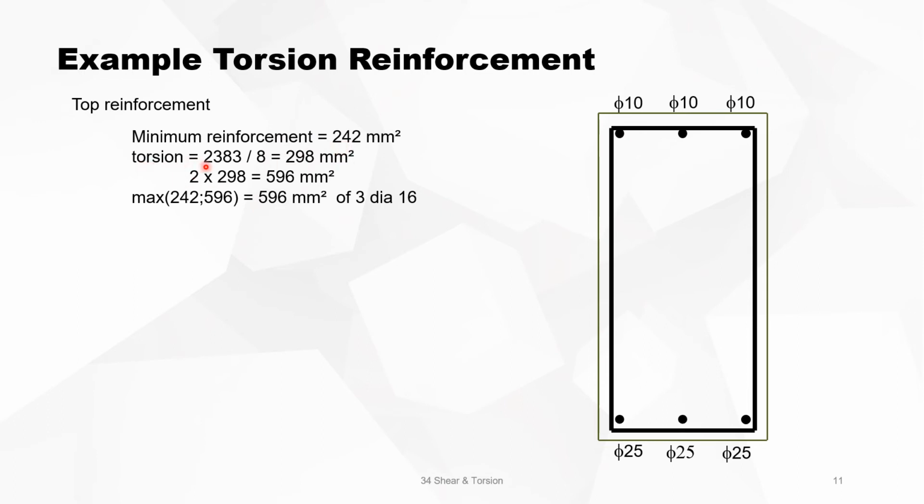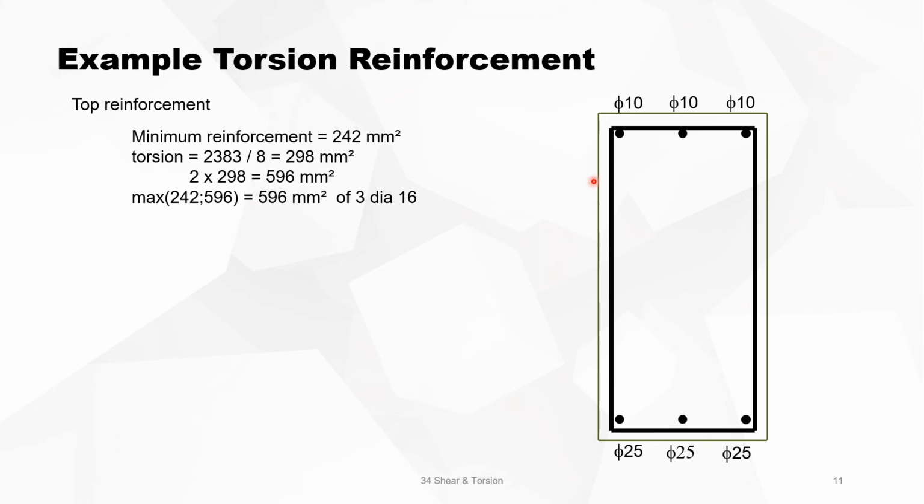Torsion says that we need 2,383 additional longitudinal reinforcement, but evenly distributed along the circumference. So we take 8 locations, divide by 8, and that means we need 298 square millimeters at each of those locations: 1, 2, 3, 4, 5, 6, 7, 8.